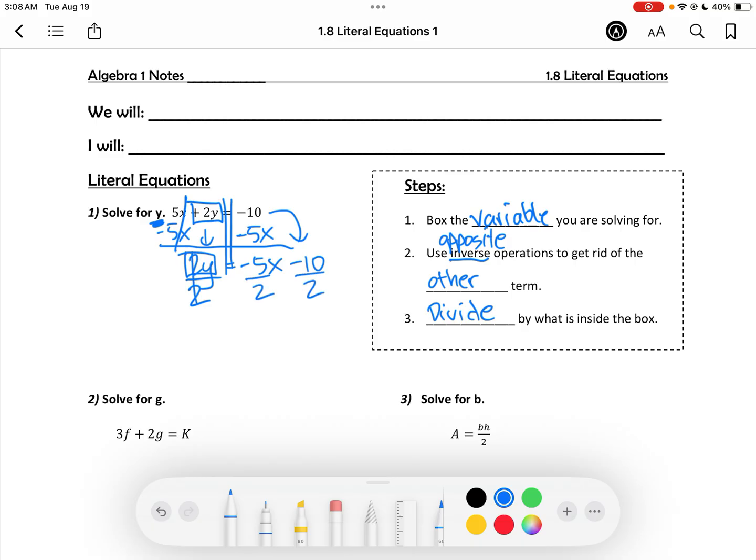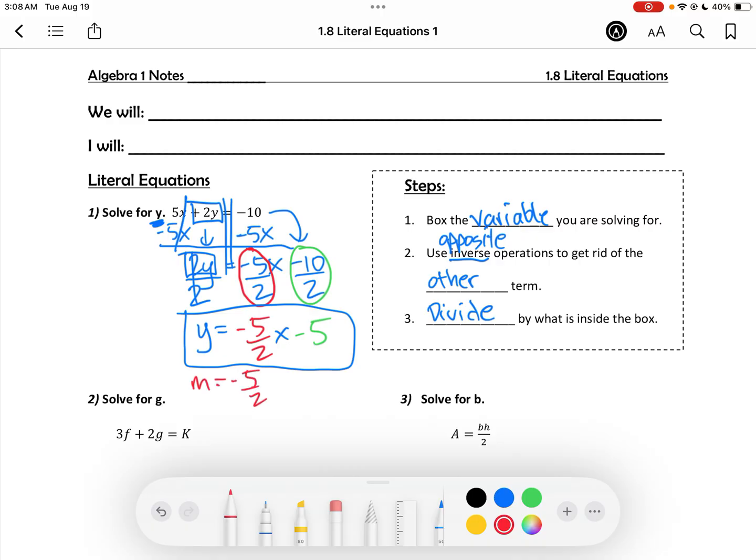That cancels out the 2, and that leaves you with y is equal to negative 5 over 2, or negative 5 halves of x, and negative 10 over 2, which is negative 5. And there is my equation solved for y. So my slope in this situation is negative 5 over 2, and my y-intercept is negative 5.